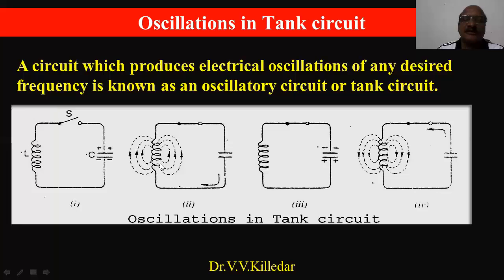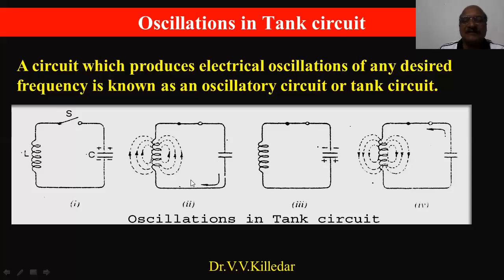And due to this current, by Oersted's effect, a magnetic field will be produced around this coil. This means the electrical energy stored in the capacitor is now converted into a magnetic field around the coil.